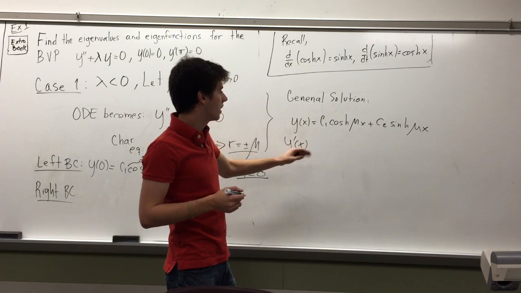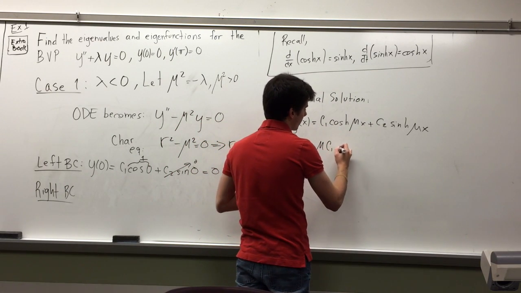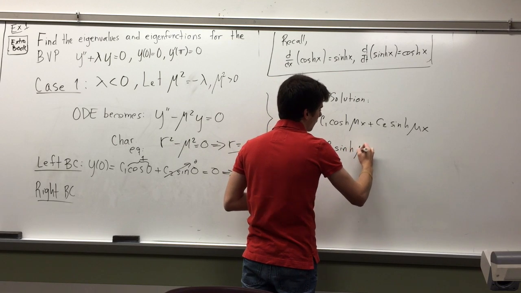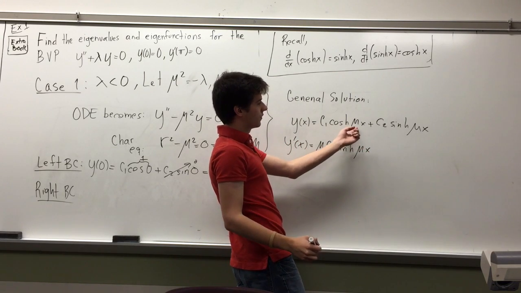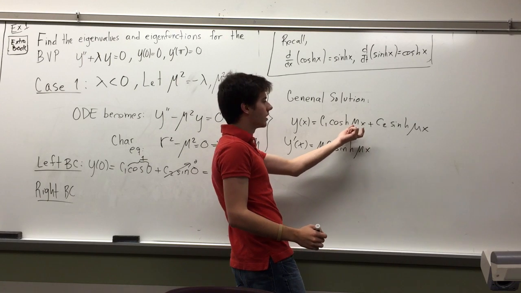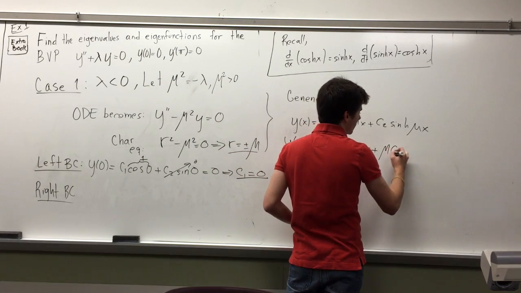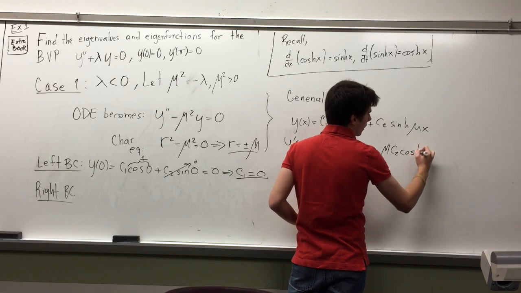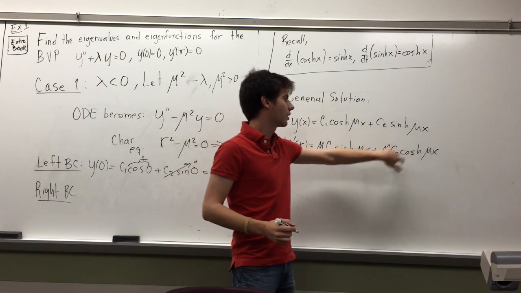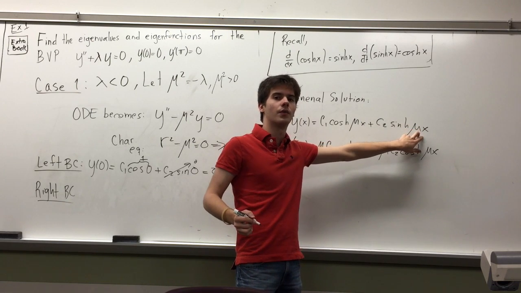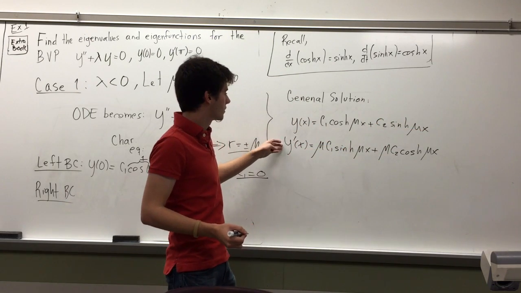So when we differentiate our general solution, we're going to get mu C1 sinh of mu x, and we get this factor of mu here because of the chain rule when we differentiate this inner function, plus mu C2 cosh of mu x. And for the same reason we get this mu here. So this is y prime.